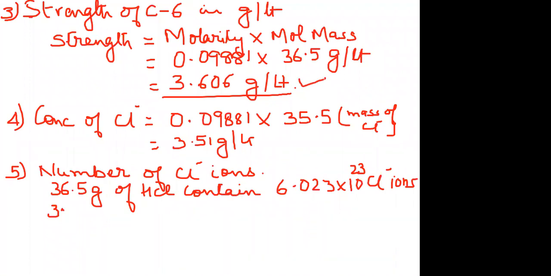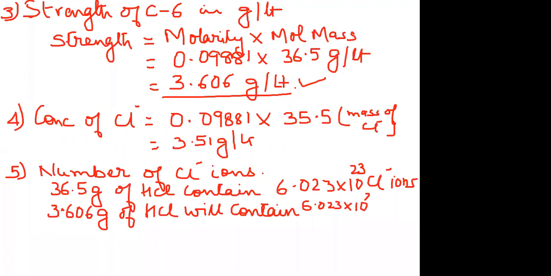So we'll go by 3.606 grams of HCl will contain how much? We will write 6.023 into 10 to the power 23, divided by 36.5, into 3.606 chloride ions.